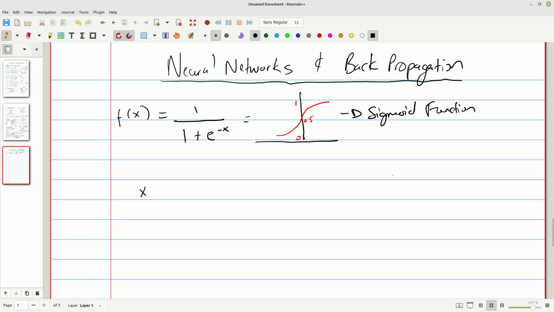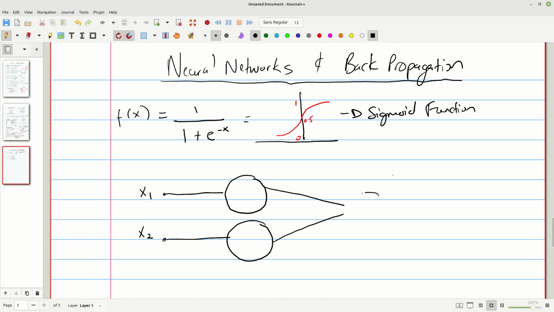We have x1, which is our feature, x2, another feature, and then this goes into our first neuron, and this goes to our second neuron, and here we have our final neuron. So this is an example of a neural network.